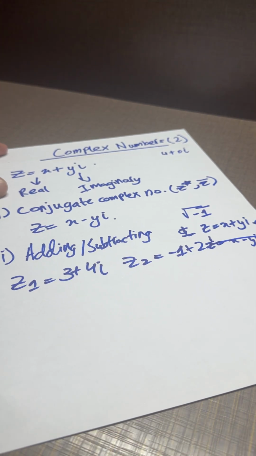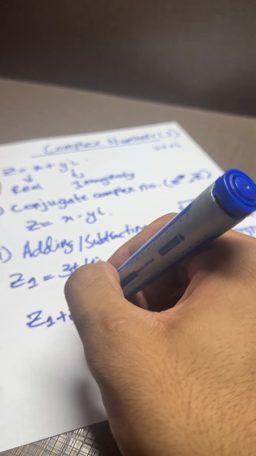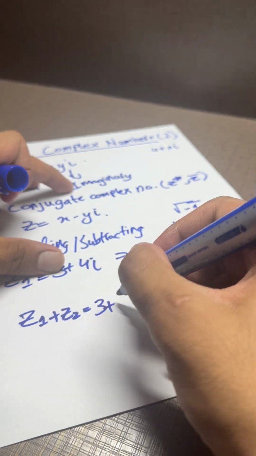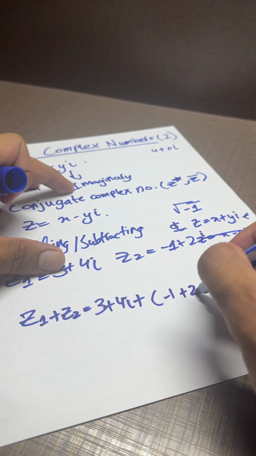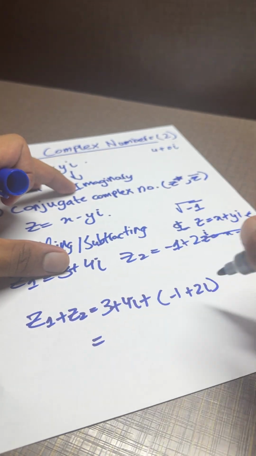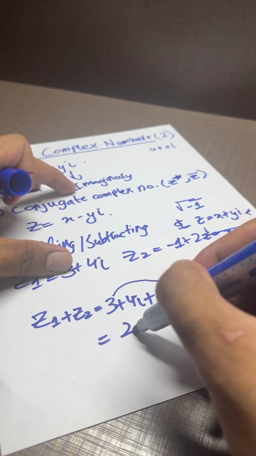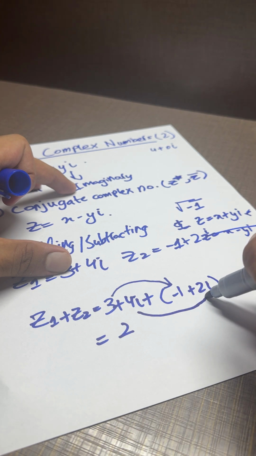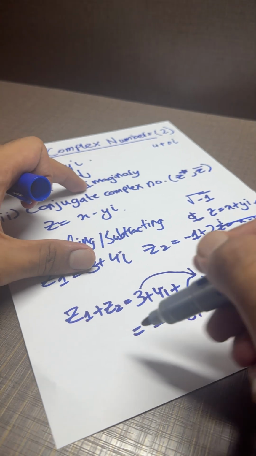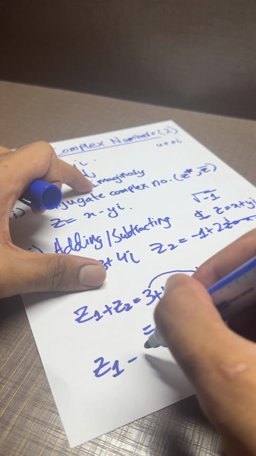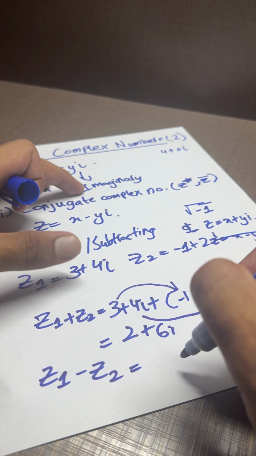So z1 plus z2 we write as 3 plus 4i plus minus 1 plus 2i. The real part adds with the real part, so 3 minus 1 would be 2, and the imaginary part with the imaginary part, 4 plus 2 would be 6i.